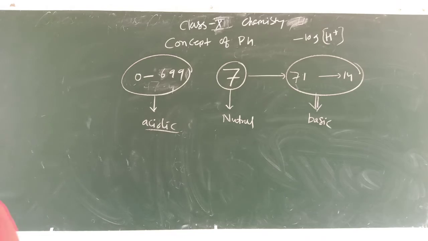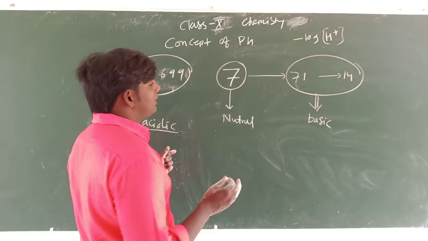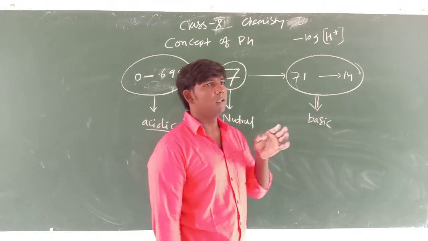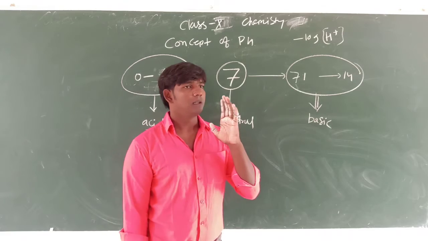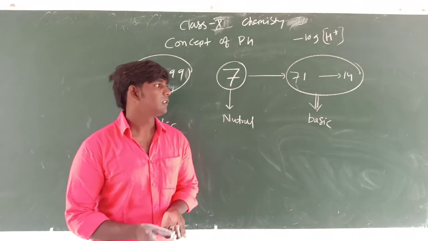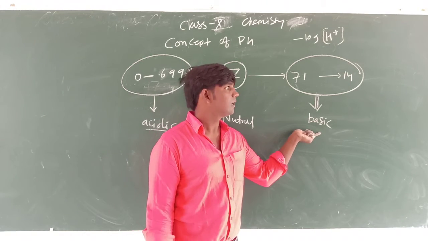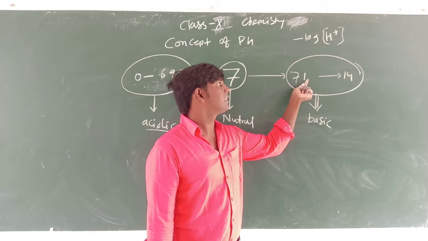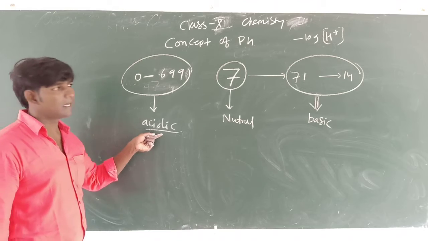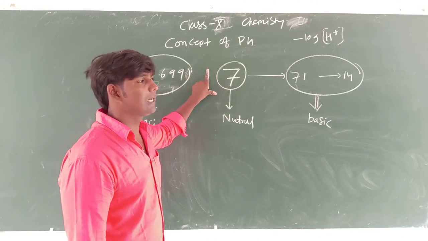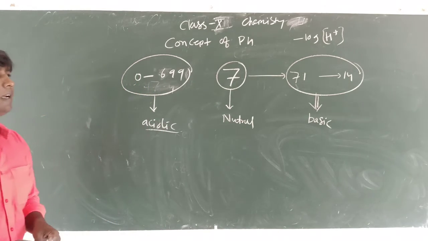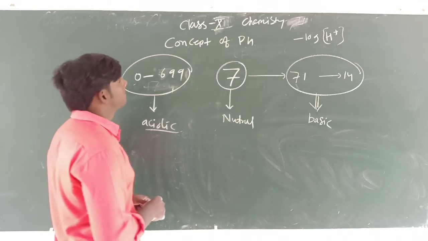So students, this is the pH value of some solution like acidic, basic or neutral. If I say the solution has a pH value of 9, what is the nature of that solution? You can easily say this is basic, because 9 falls between 7 and 14, okay. If I have a pH value like 3, you can say this is acidic, and all neutral solutions like water and salts possess pH value 7. They all are neutral in nature, okay.